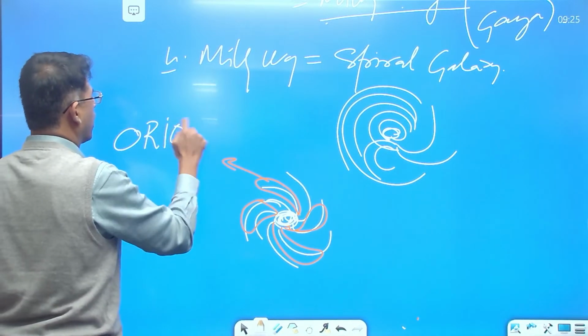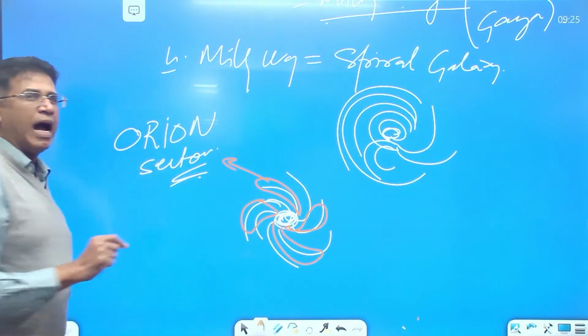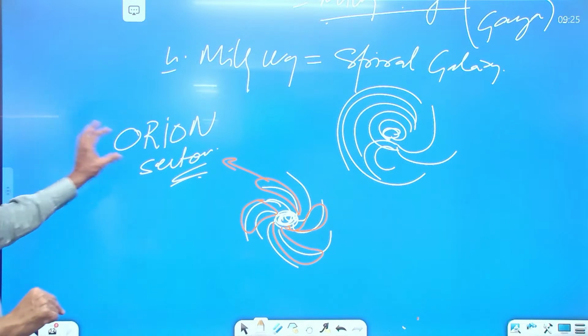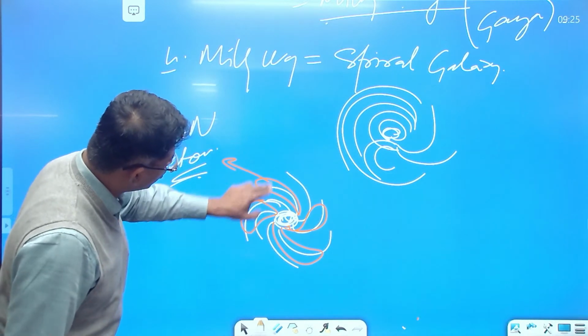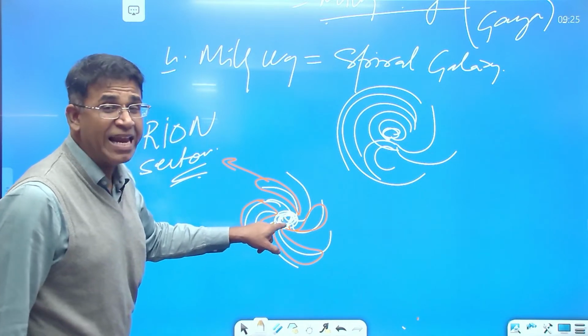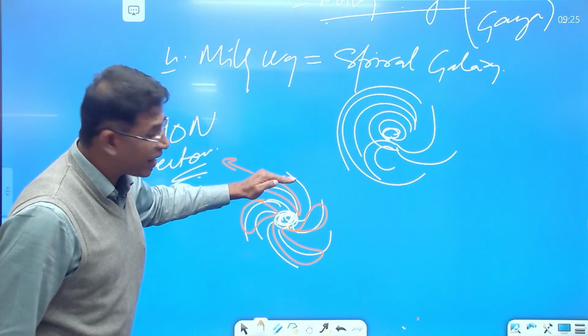Our solar system is on the Orion, O-R-I-O-N, Orion sector of the Milky Way. और Milky Way के ना edge में है, बीच में नहीं है, थोड़ा दूर है. This is the center of Milky Way galaxy, galactic center है. जो solar system है, it is on the outer edge के तरफ में.